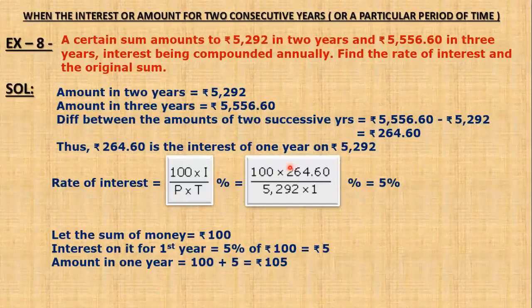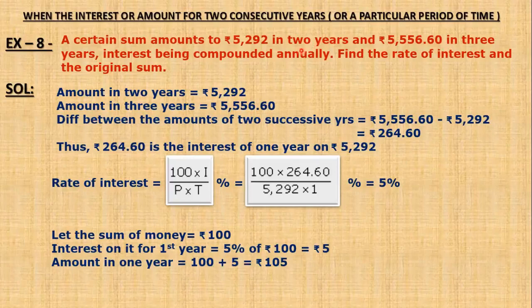When the amount for 2 consecutive years or a particular period of time is given. Example: a certain sum amounts to rupees 5,292 in 2 years and rupees 5,556.60 in 3 years.